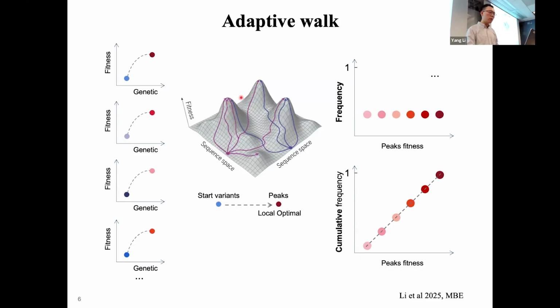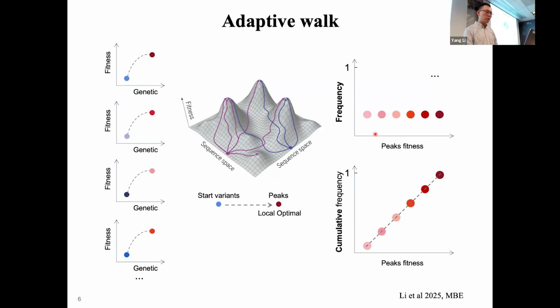So how frequently does each peak occur? We will calculate the peaks' frequencies. You can find that each peak is defined by a specific genotype, but its fitness is higher than its neighbors.